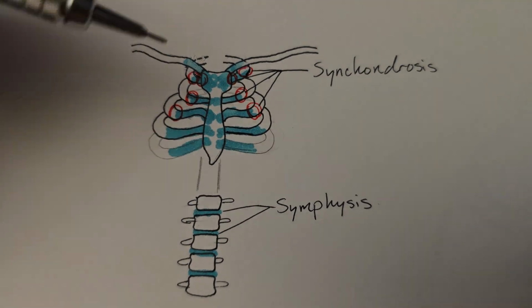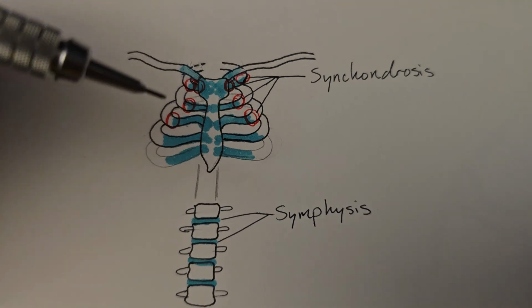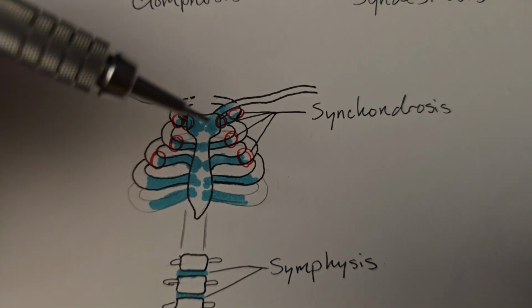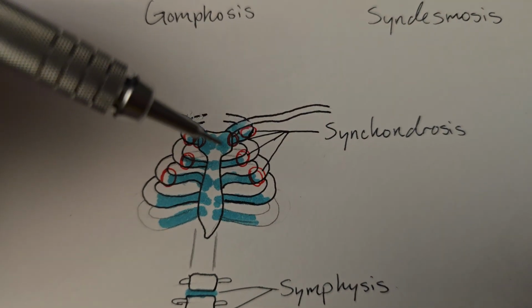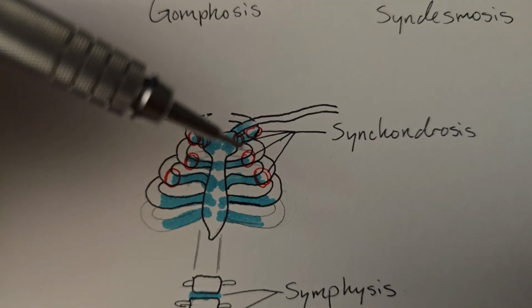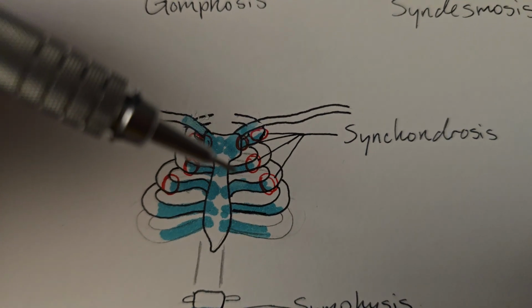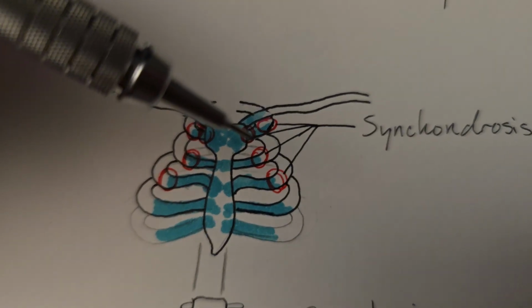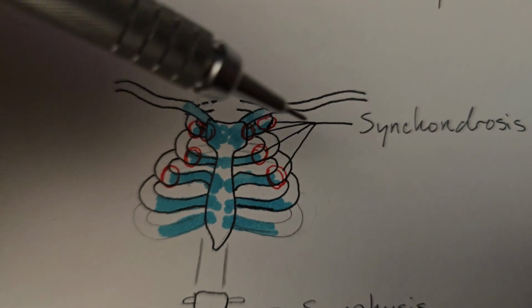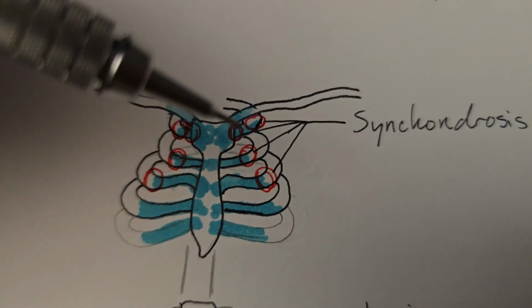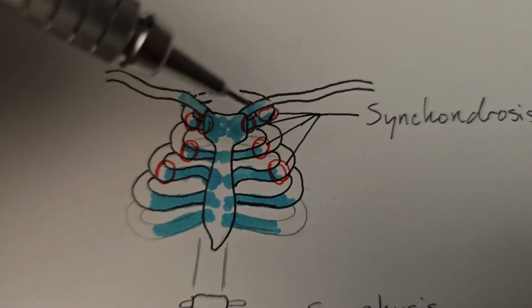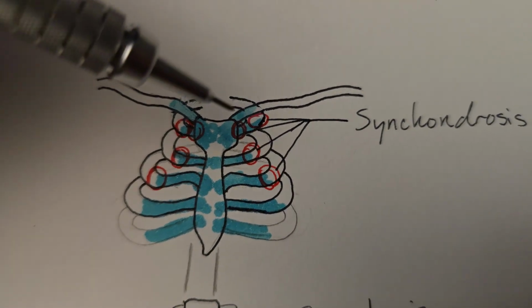And there are two different types of cartilaginous joints. There's synchondrosis, which is found in the rib cage here. So these are held by hyaline cartilage, and it's this thick layer of cartilage keeping the bones together.